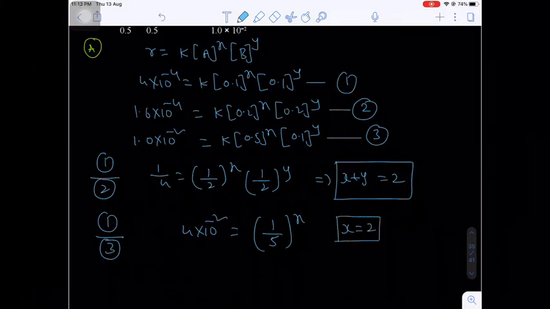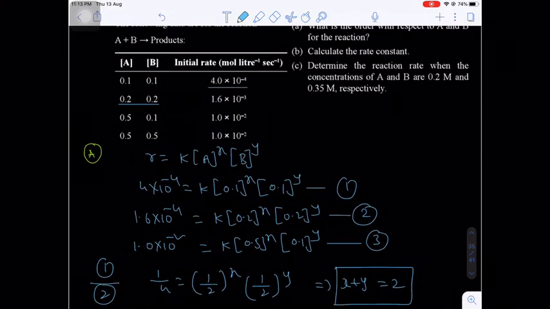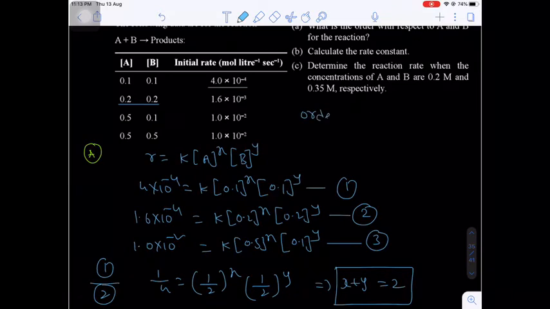So there are 2 unknowns and 2 linear equations. So we can find the x value 2 and the y value 0. So finally x value 2, y value 0. What is the order with respect to A? Order with respect to A is x, with respect to B is y.